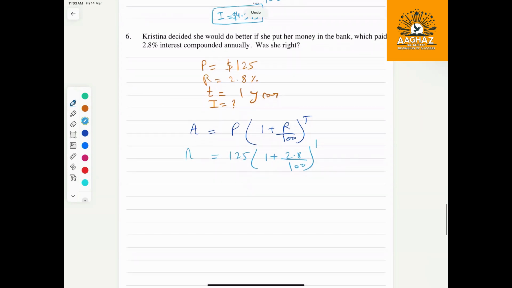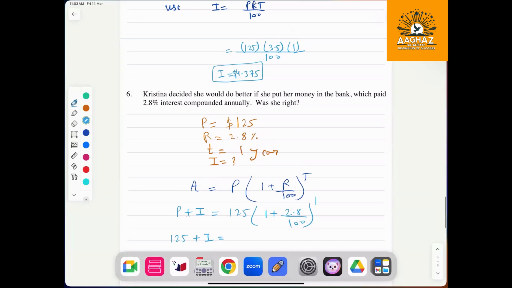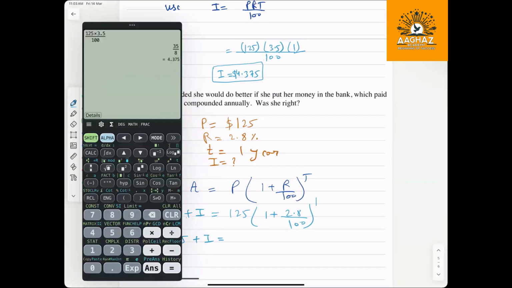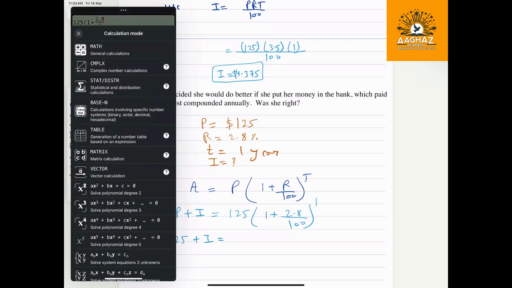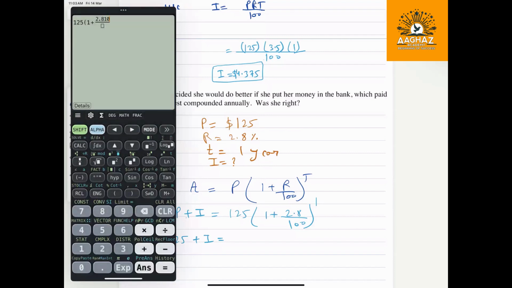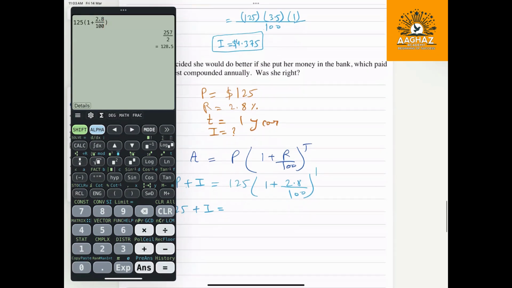And to find the I value, I can put at the A place P plus I. It will be 125 plus I. Now calculate this one: 125 times (1 plus 2.8 over 100) whole power 1. So it will be 128.5.